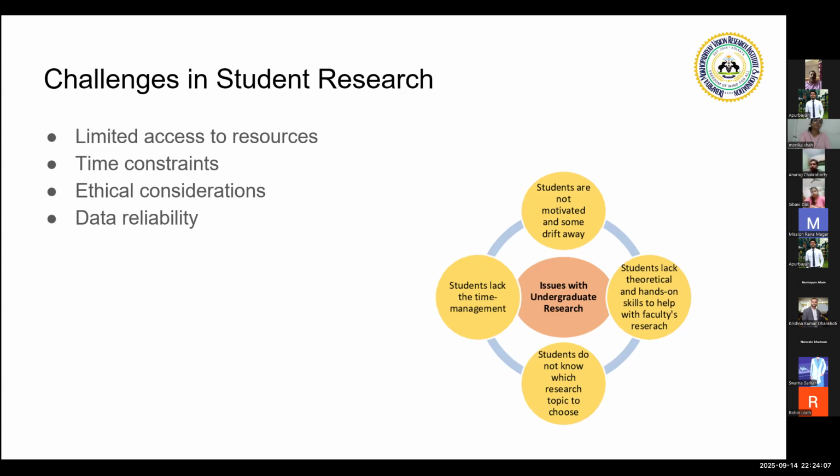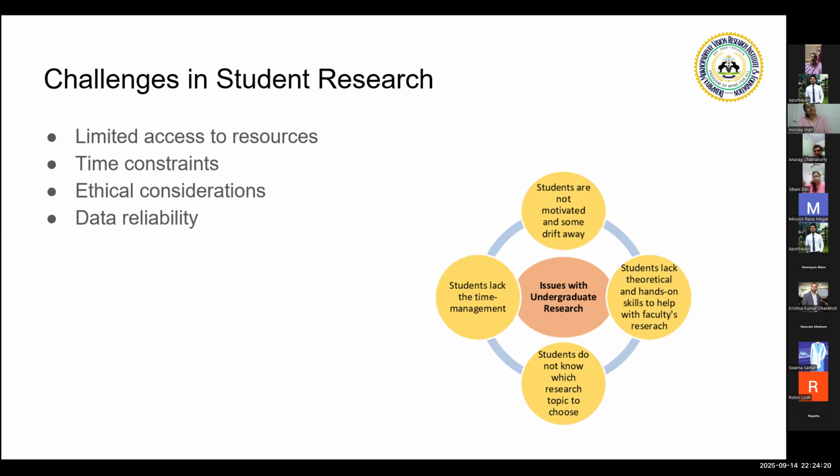Great. Next is ethical considerations. See, ethical considerations is something which is the key factor. If you want to publish any article in a good journal, you need to first declare that your study is ethically approved.